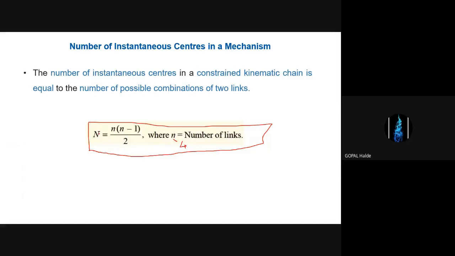How many? 6. Because 4 minus 1 is 3, 3 into 4 is 12, 12 by 2, so it is 6. Means there is one formula to determine the number of instantaneous centers in a mechanism.